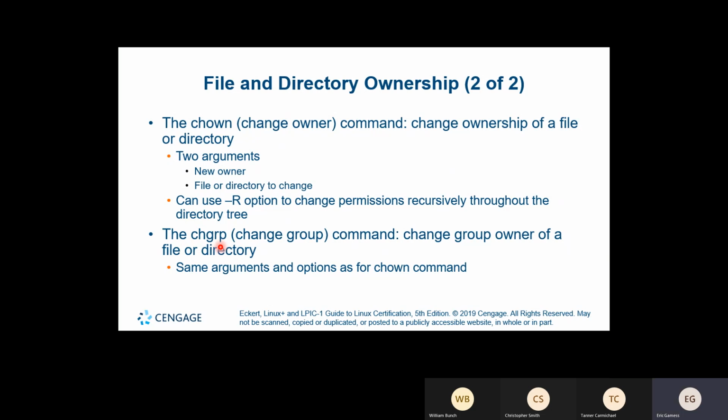This file, by default, belongs to a user, and it is also owned by a group. If you want to change the group that owns the file or the directory, you can use the command chgrp, change group. If you want to change the user who owns a file or a directory, you can use the command chown, for change owner.